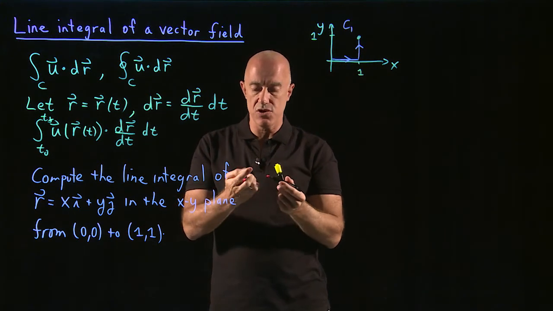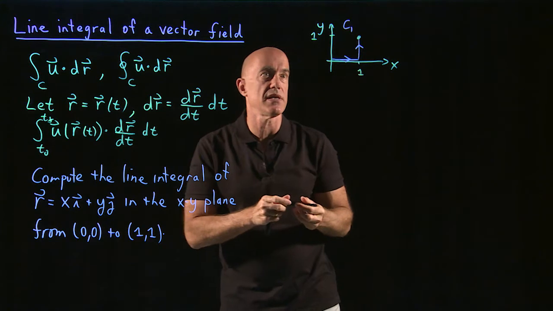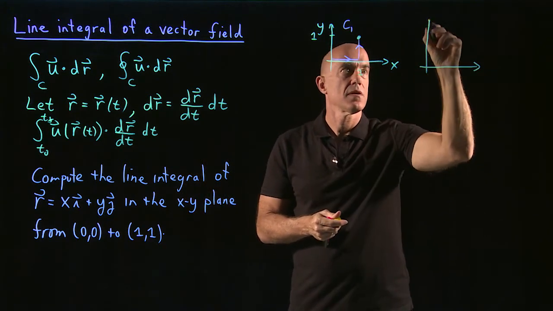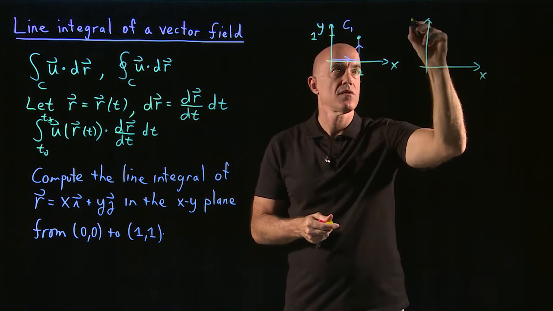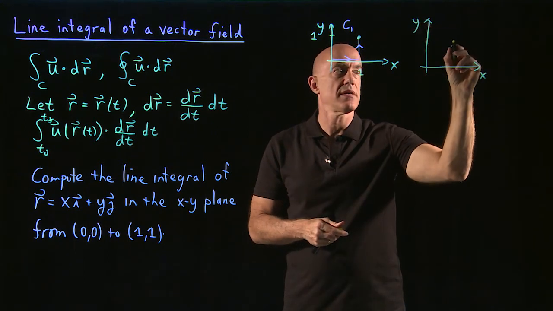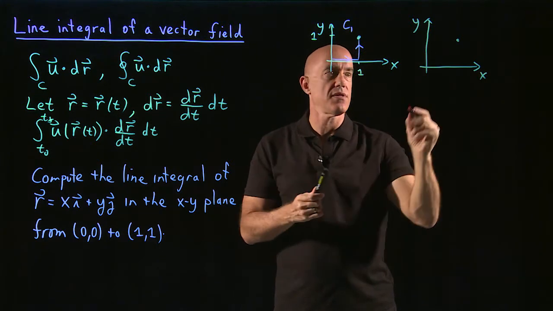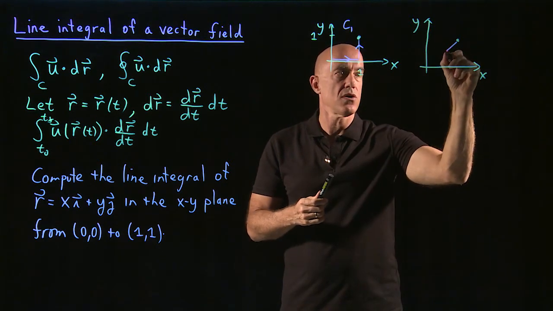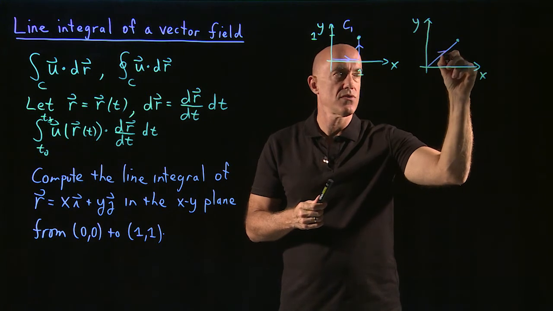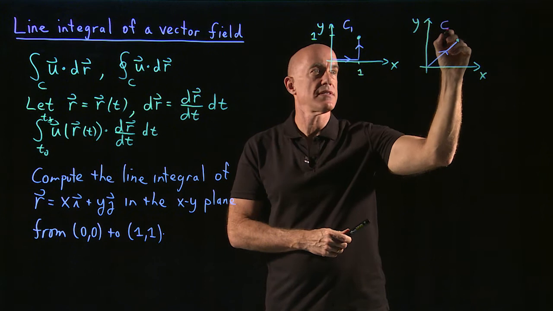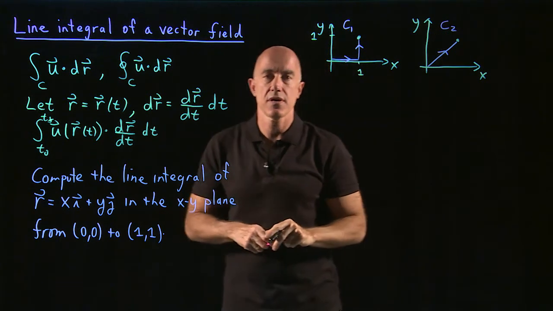We can choose a different path, so let's do the direct path. So x and y, so our point is here. So let's just go directly to that point, so we can go from the origin to that point along this path. Let's call that path C2, okay?